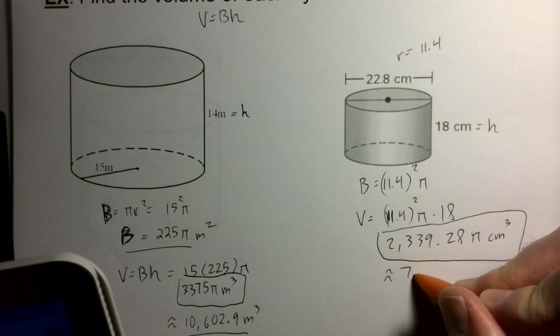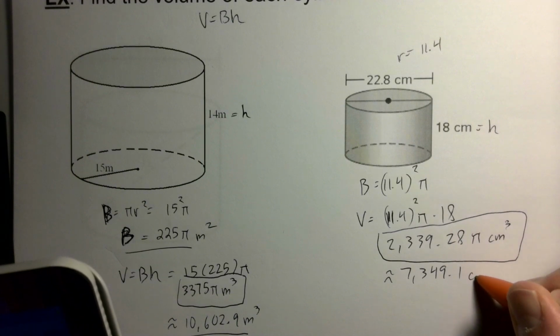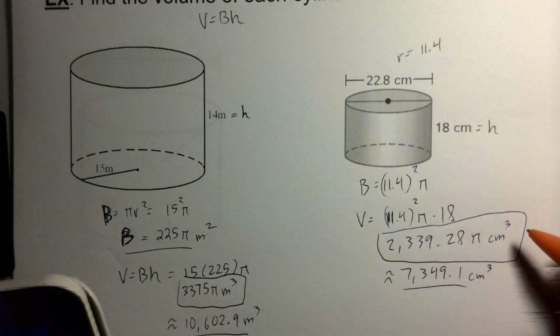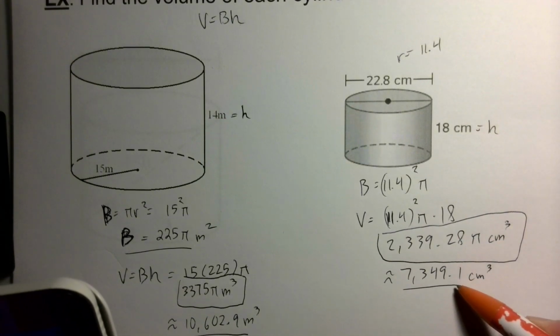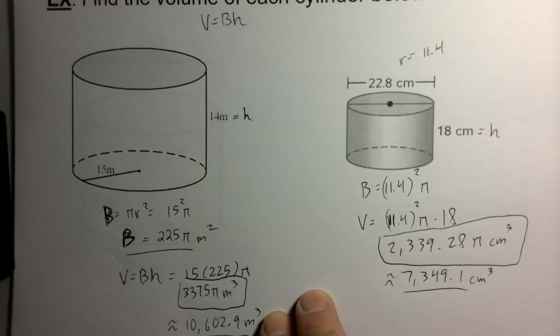It's about 7,349.1. So exact answer, estimate answer. All right, so this was nice because we basically had everything we need. We had the radius or the diameter, we had the height. Awesome, piece of pie.